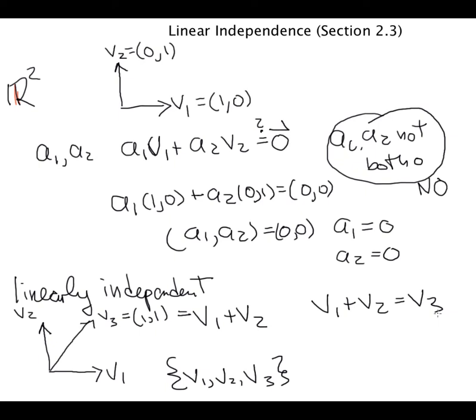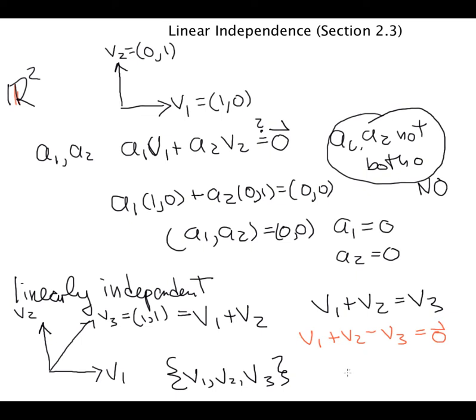Well, what do I mean? I'm asking for some linear combination of these vectors to be 0. So just bring the v3 to the other side and write v1 plus v2 minus v3 is equal to 0.